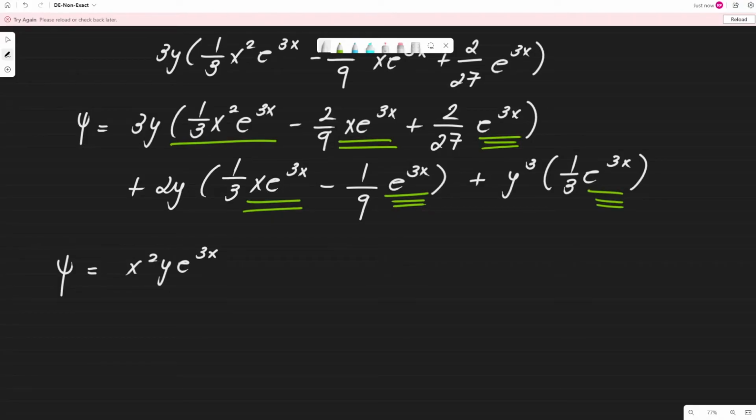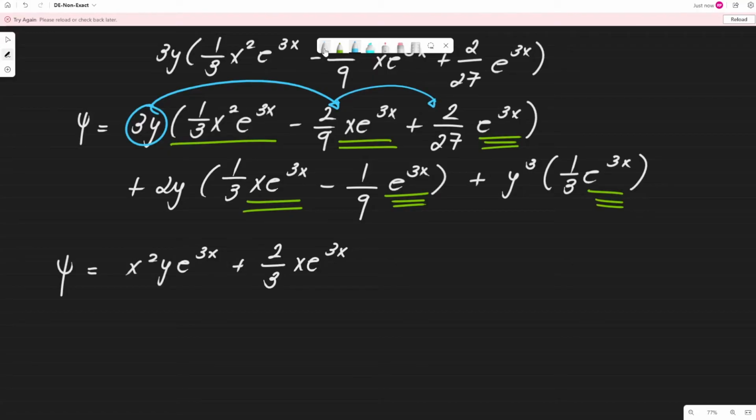So what can we do? We can factor out 2/3 x e raised to 3x. Sir, why did it become 2/3 only? Because remember, we also distribute 3y here, and also to this one.